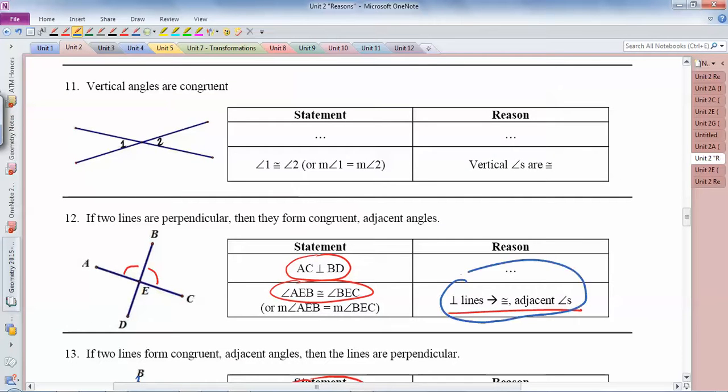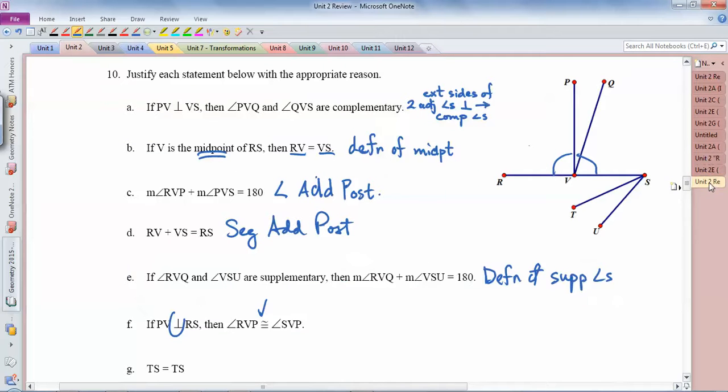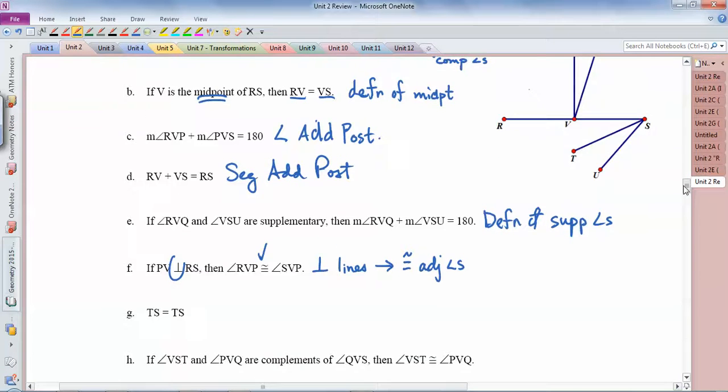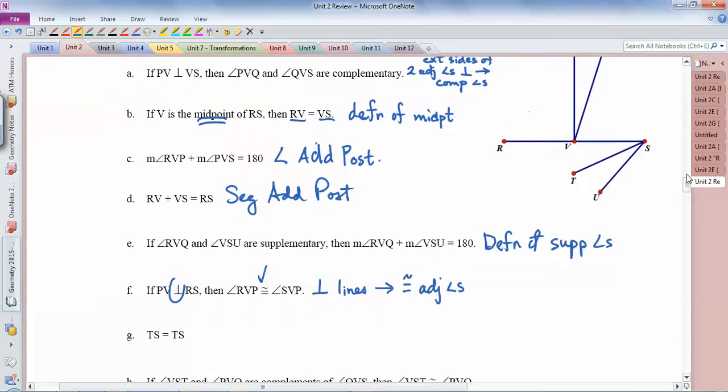Perpendicular lines form congruent adjacent angles. If you look at the picture, that's exactly what's going on here. Perpendicular lines do form two angles that are 90. They're congruent and they're adjacent. Okay. TS equals TS. Anytime something equals itself, that's reflexive.